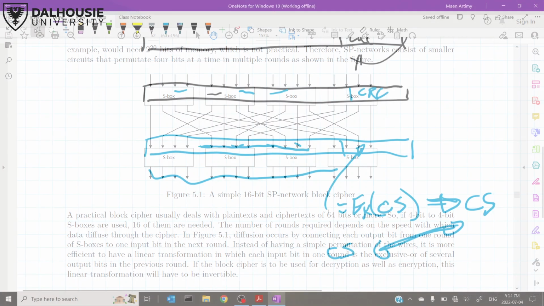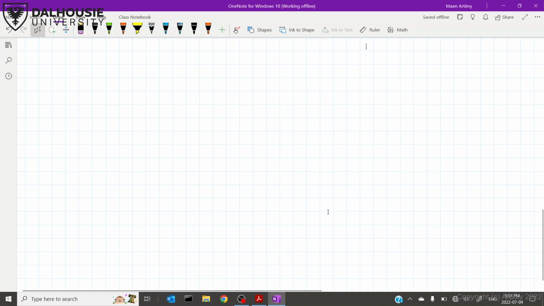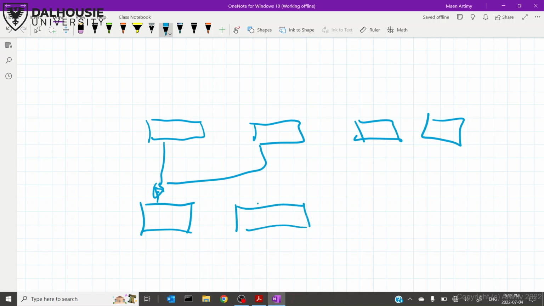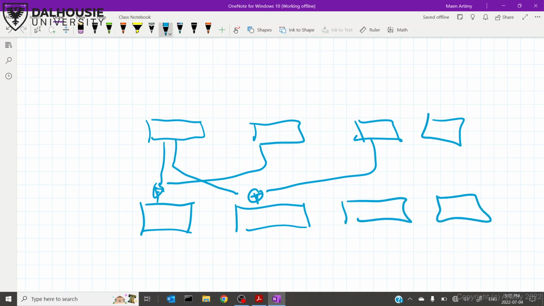We could have the outputs XORed, which is actually easier and gives us more flexibility. So let's say the input of the second iteration is the XOR of 1 and 2, and the output here is the XOR of the second and third, and so on. So I can have this situation repeated in a different way.